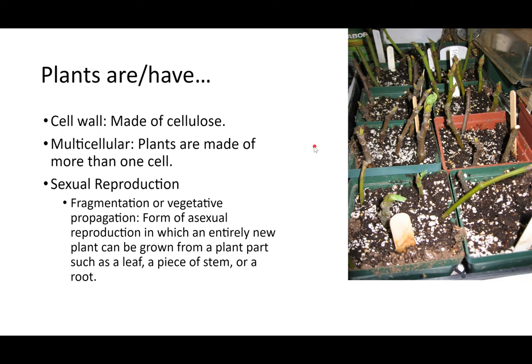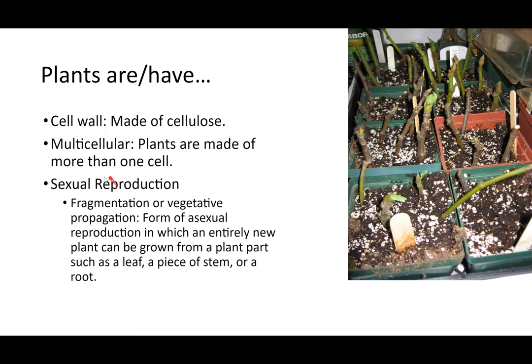They can use fragmentation or vegetative propagation as well, which are forms of asexual reproduction, in which an entirely new plant can be grown from just a single plant part, such as a leaf, a stem, or piece of the root.